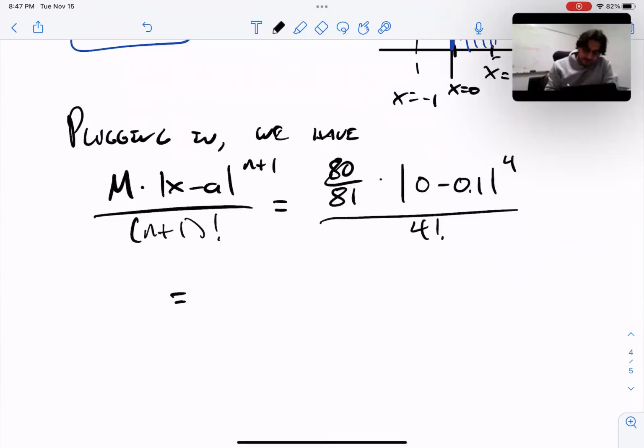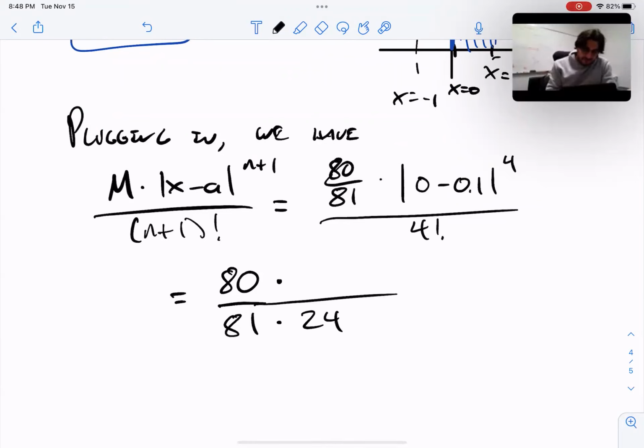So then we get what? I have 80 over 81 here. I have times 4 factorial, 24 in the bottom, right? And then up top, I have 0.1 to the 4th, right? So 0.0001.